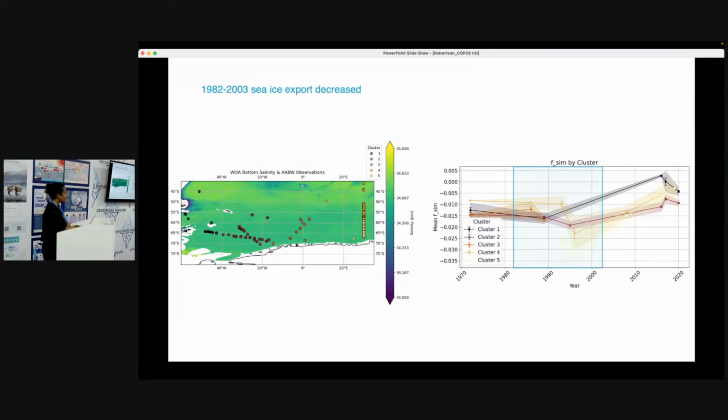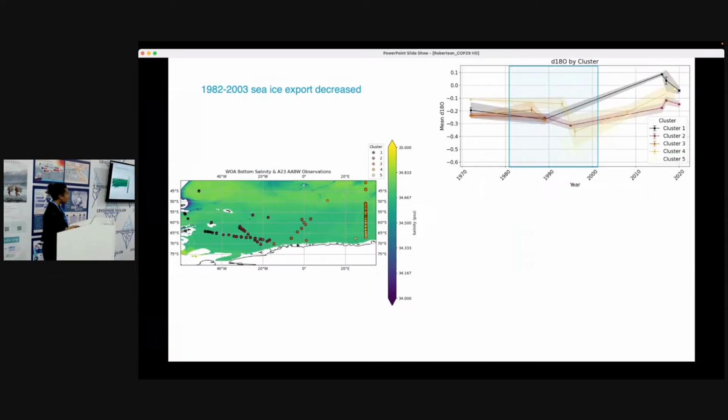And so what you see here is over this period of the past couple of decades where we saw sea ice export decreasing, we also saw an increase in the sea ice melt fraction that was present in Antarctic bottom water. And over this same period of time, looking at the water isotopes, we also saw enrichment of these water isotopes, which is indicative that sea ice is driving these processes rather than glacial melt.